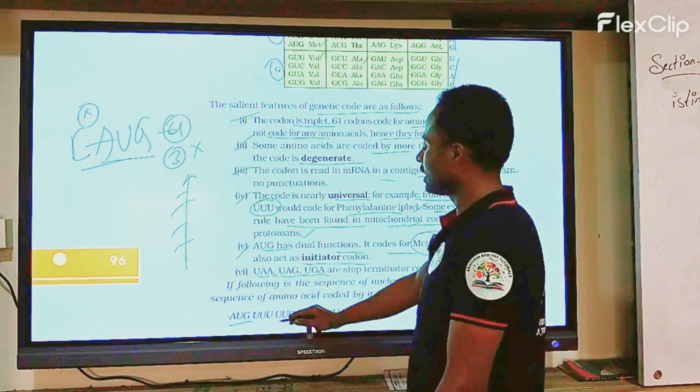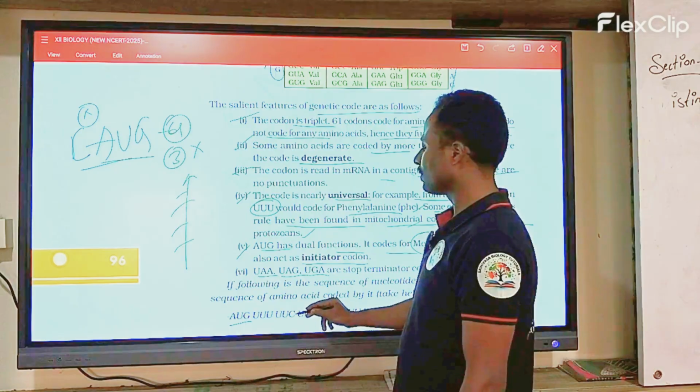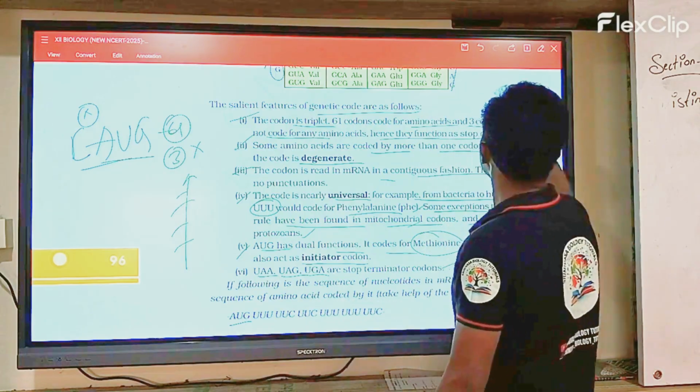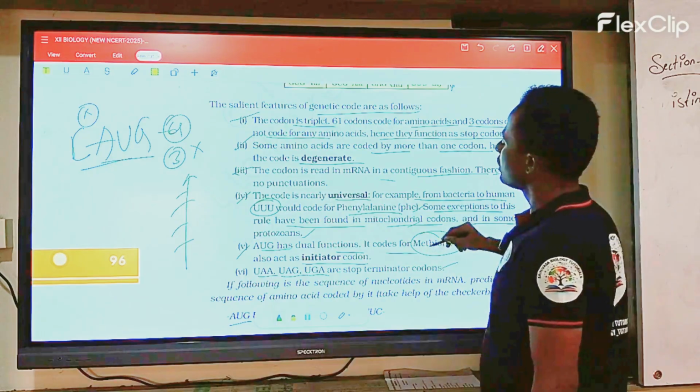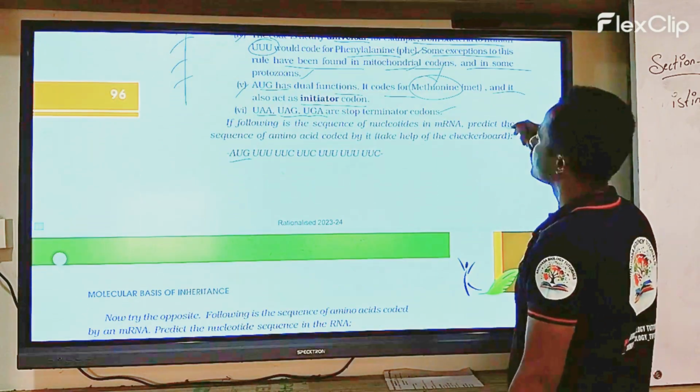UUU means phenylalanine. UUC is also phenylalanine. Like this, they are given one by one for each particular amino acid.